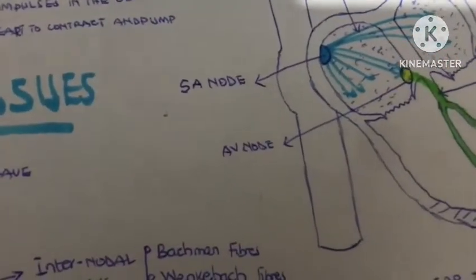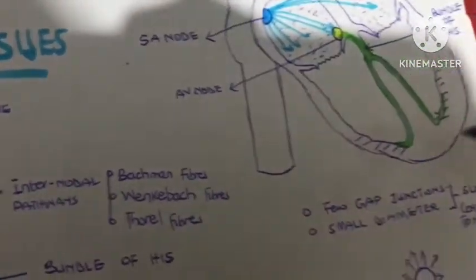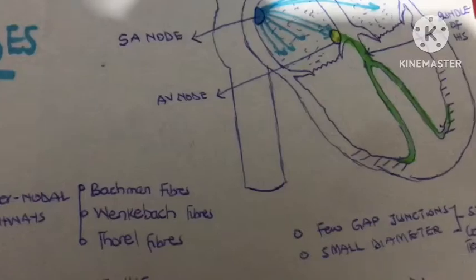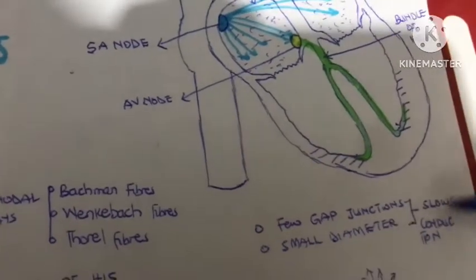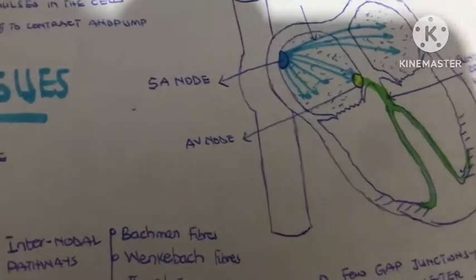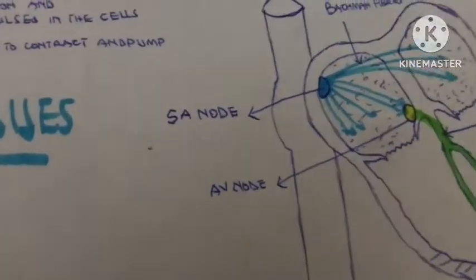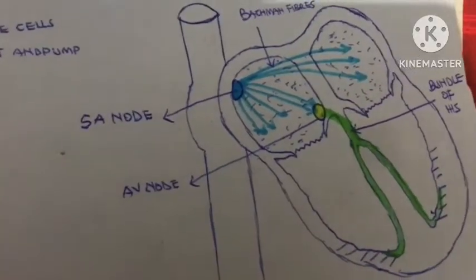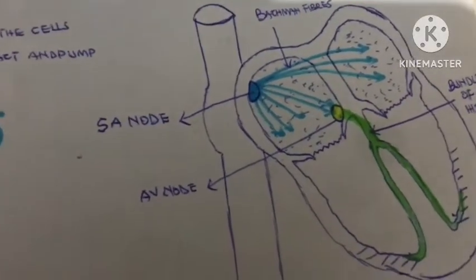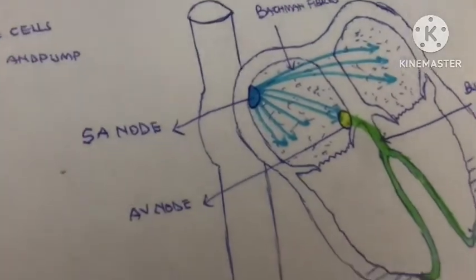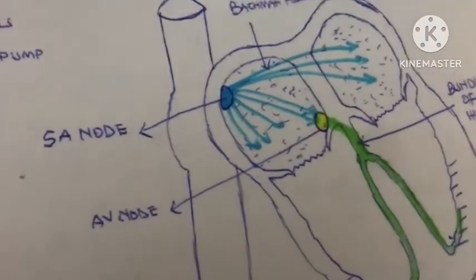Let's look at two features of the AV node. The AV node has few gap junctions and a small diameter, and these features lead to slow conduction. The conduction in the AV node is very slow, and this is for our own good. It allows the atrial chambers to contract before the ventricular chambers.